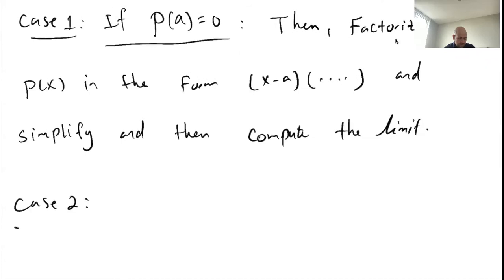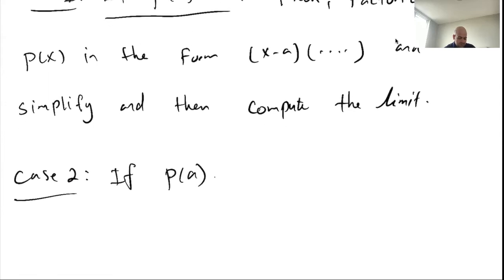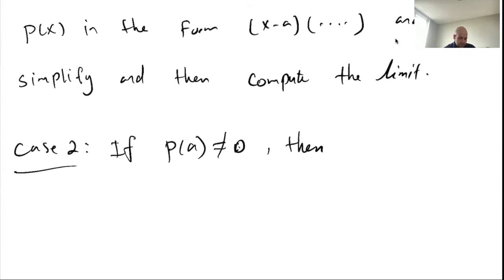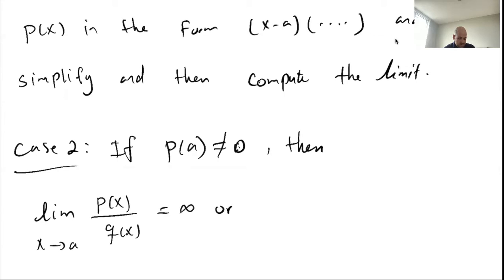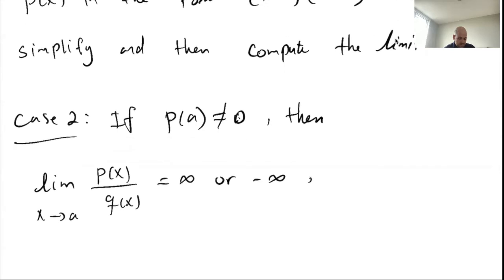Case 2, if P of a is not equal to 0, then the limit of P of x over Q of x as x approaches a is equal to infinity or minus infinity.